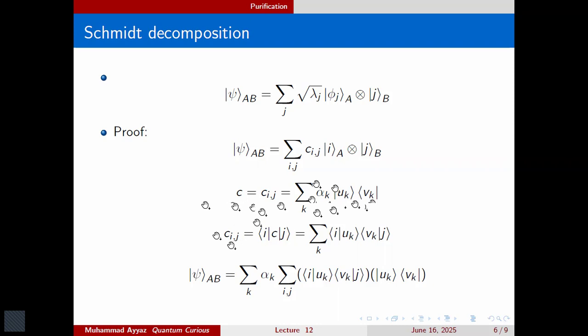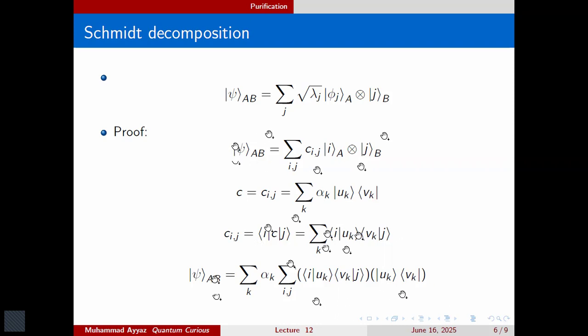So we will get that element of matrix C, that is the Cij, by sandwiching in between state I and state J, and we get this. So here should be alpha k, and if you put that form in our previous state, psi AB, we got this form.